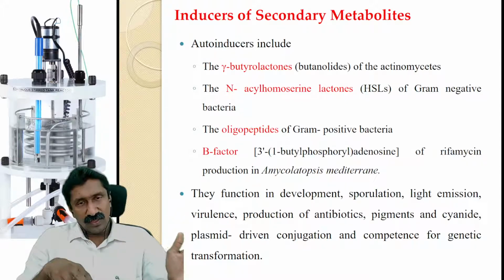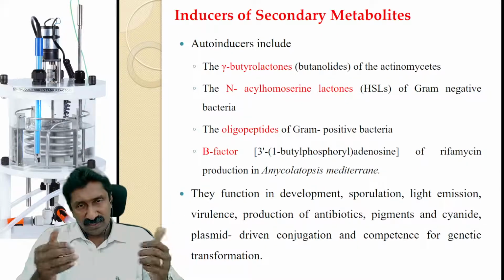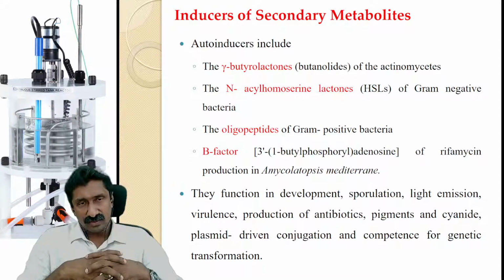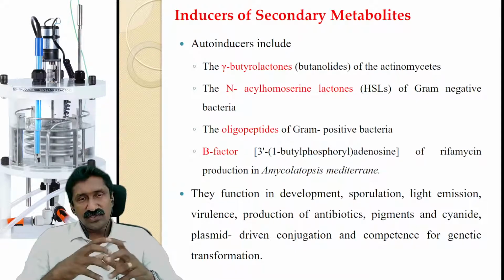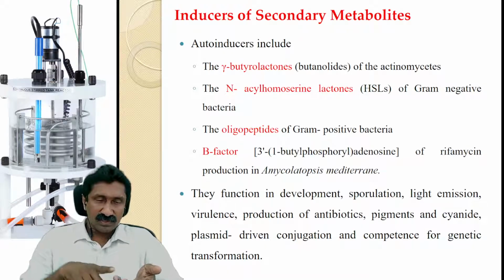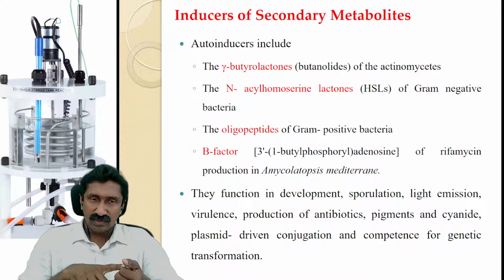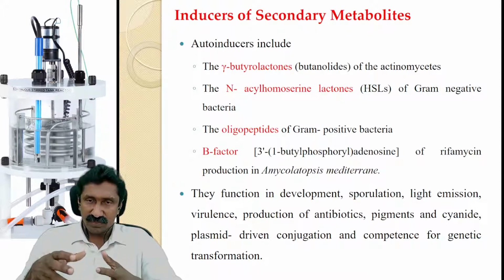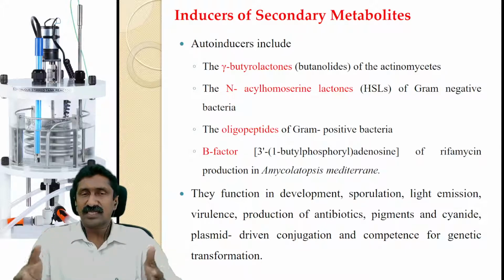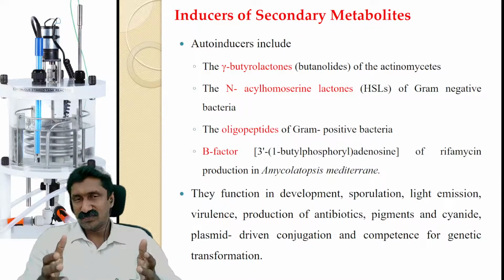And now we will see some of the details about some of the autoinducers and how they function in development. Actually, these autoinducers function in development, sporulation, light emission, virulence, and production of antibiotics, pigments, cyanides, and plasmids. So various results will be there for the autoinducers.